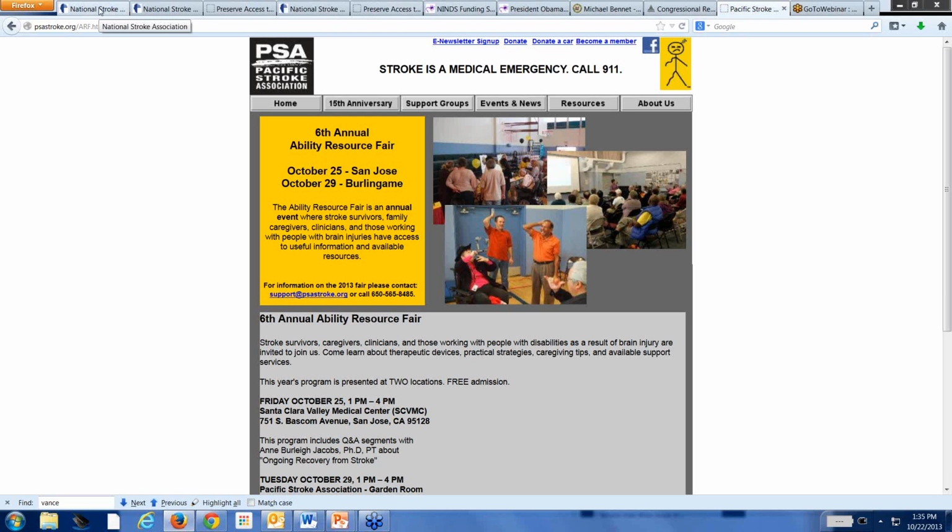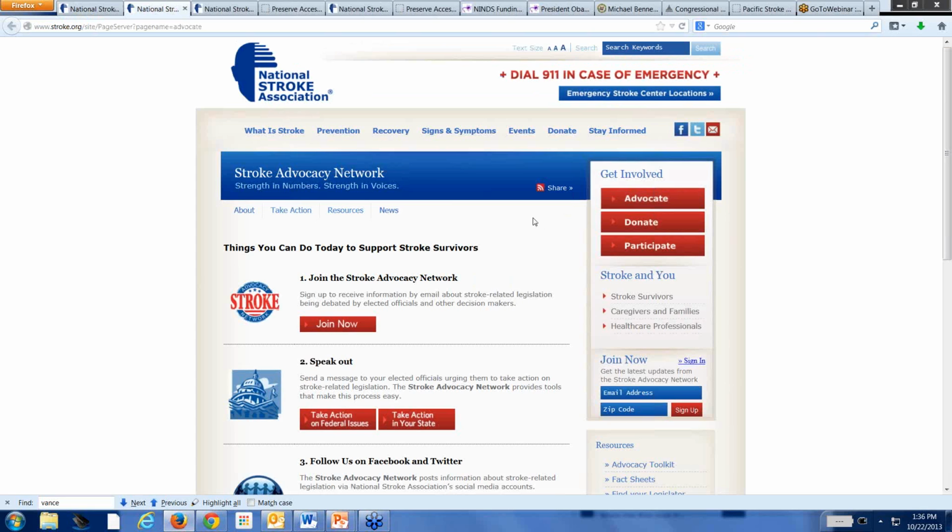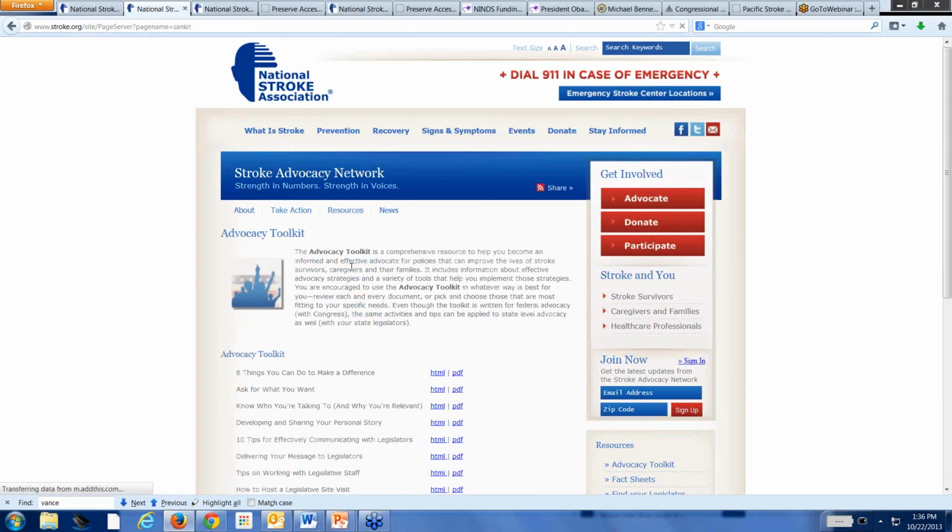Now, also, if you're very intrigued by this but aren't feeling yet like you can run out there and ask a legislator to do something, remember, if you go to stroke.org and click on the Advocate page, under the Resources link, you'll see that there is an Advocacy Toolkit.